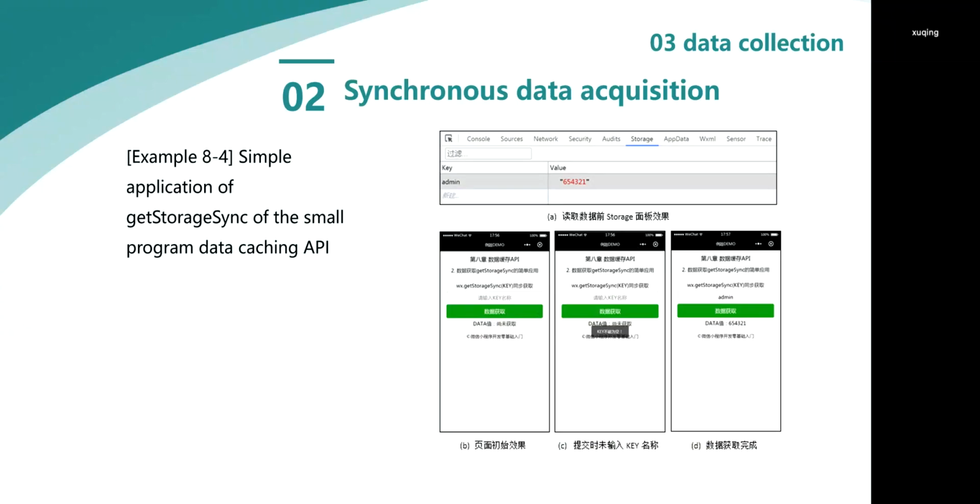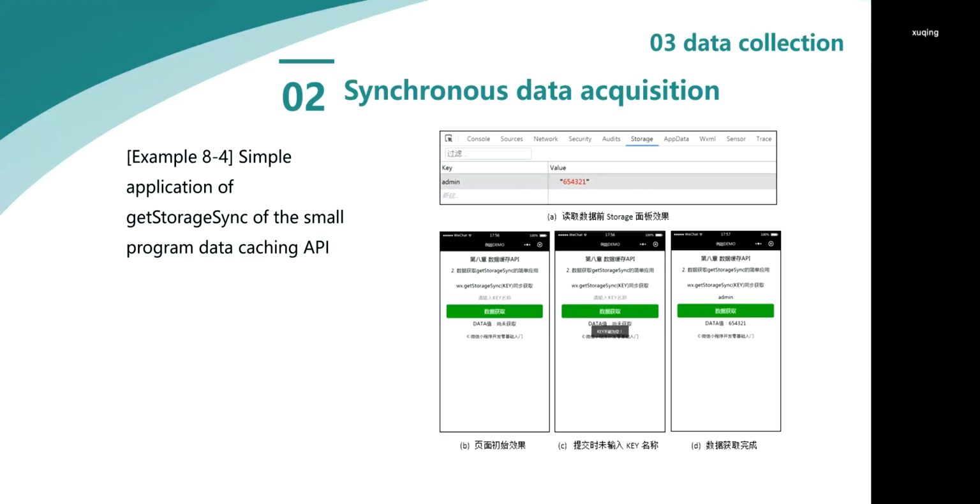If it's empty, we ask users to enter a key. If it is not empty, then we call the get storage size function in WeChat to obtain data synchronously.